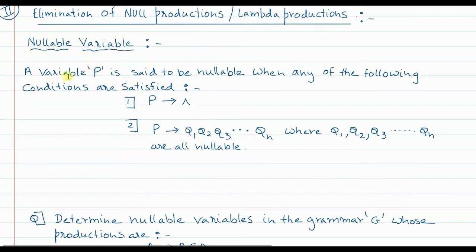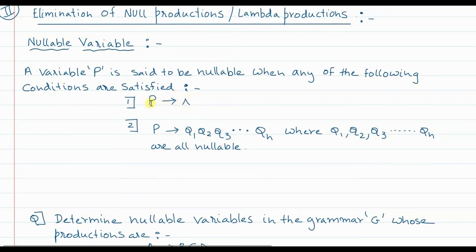A variable or non-terminal capital P is said to be nullable when any of the following conditions are satisfied. P gives null, or the second one, P gives Q1, Q2, Q3 up to Qn, where Q1 to Qn are all nullable. So in general, what is a nullable variable? A variable or non-terminal is called nullable if in the production on the right hand side there is null.